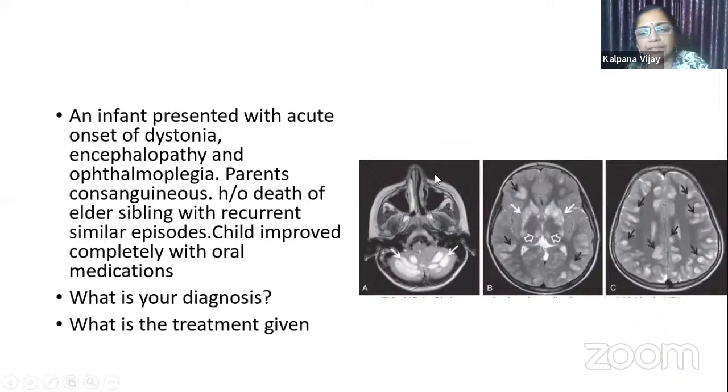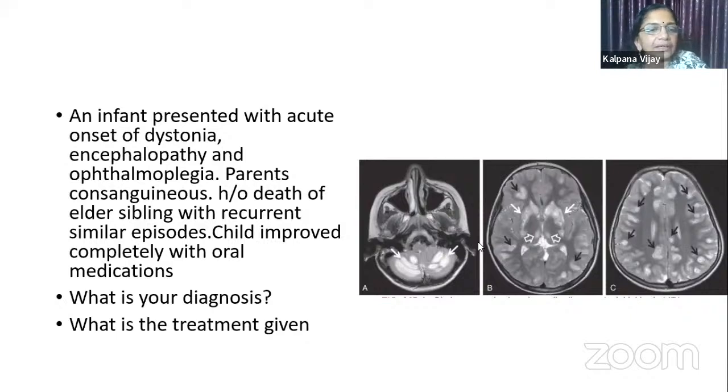These are the regions that are involved, and the diagnosis is biotin responsive basal ganglia disease. And what is the treatment given? That is biotin plus thiamine. Large doses of 5 to 10 milligram per kg of biotin are given, and it will give a very good response, and these abnormalities will also disappear. So this is an eminently treatable condition.